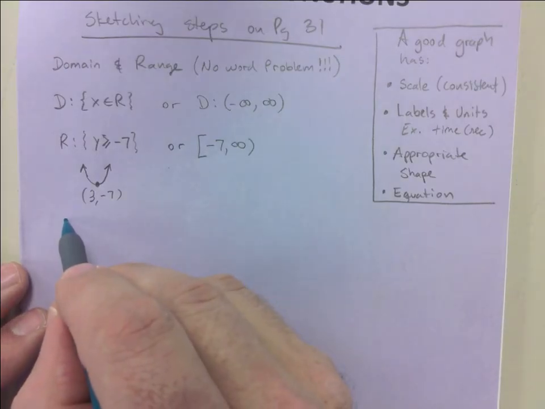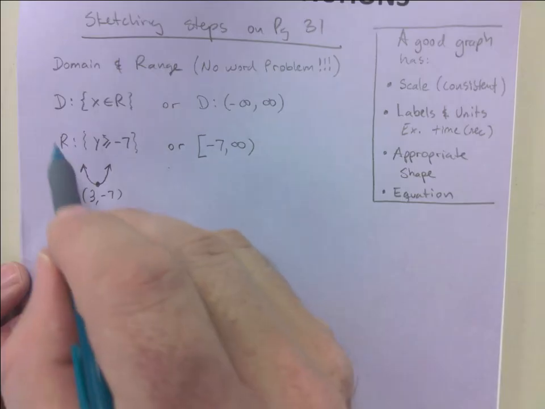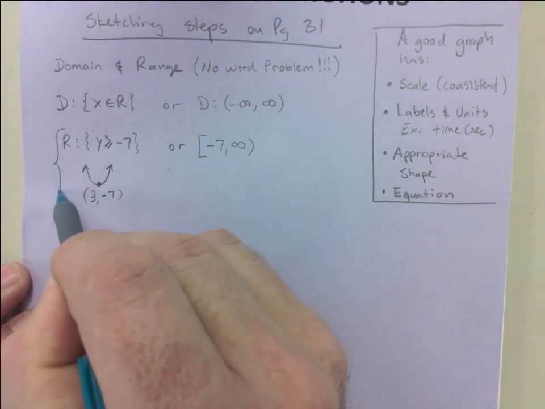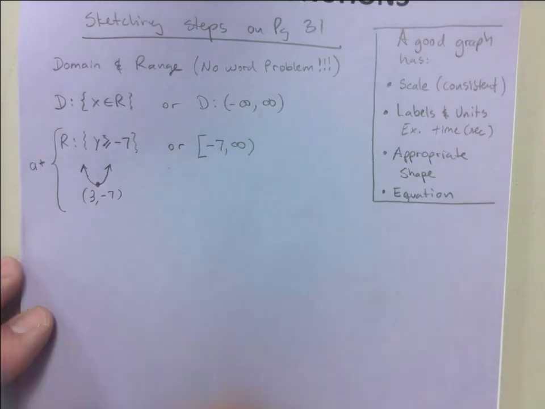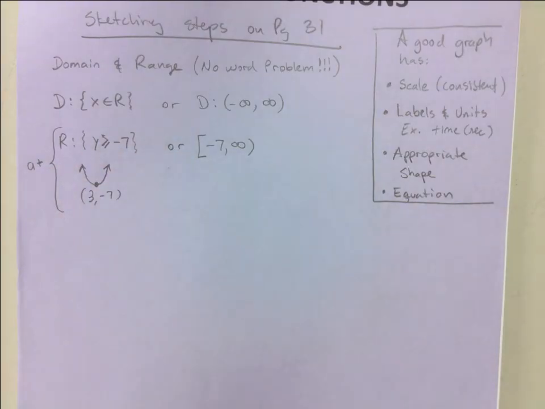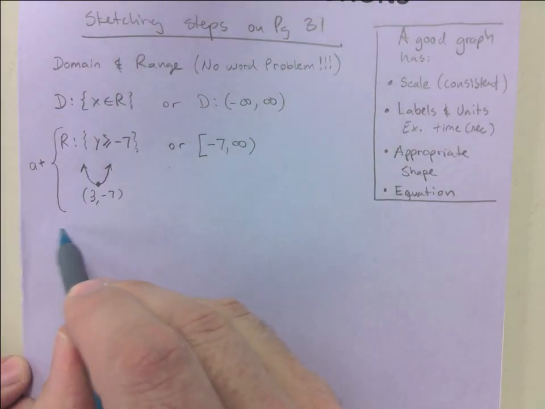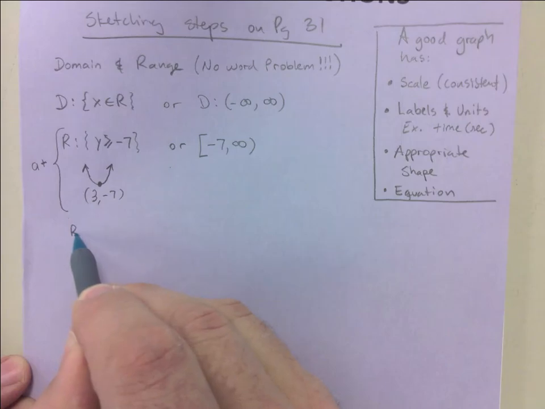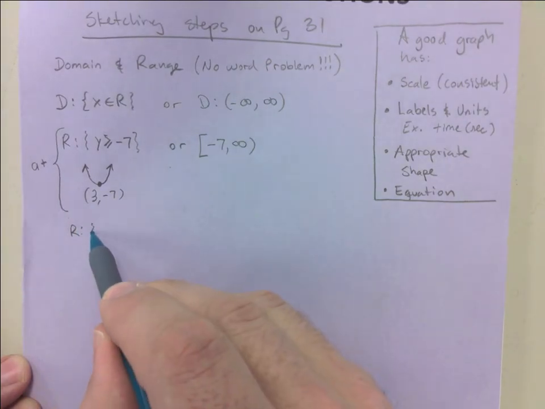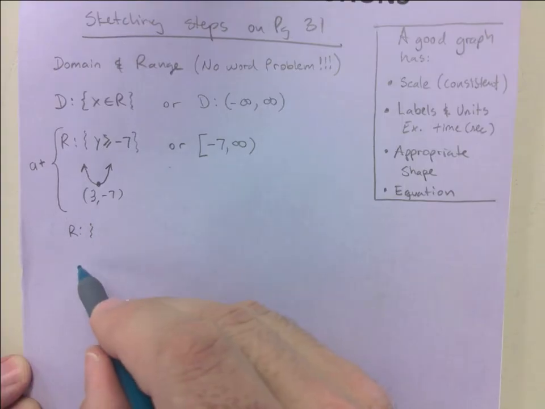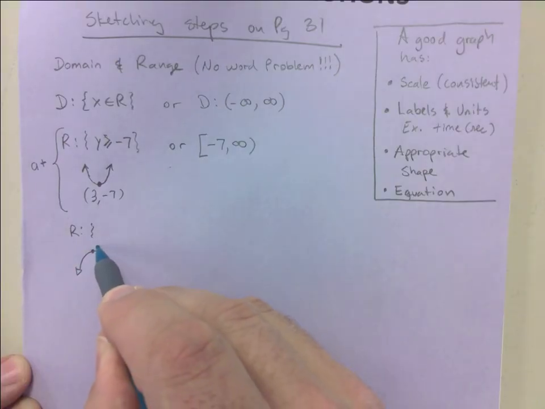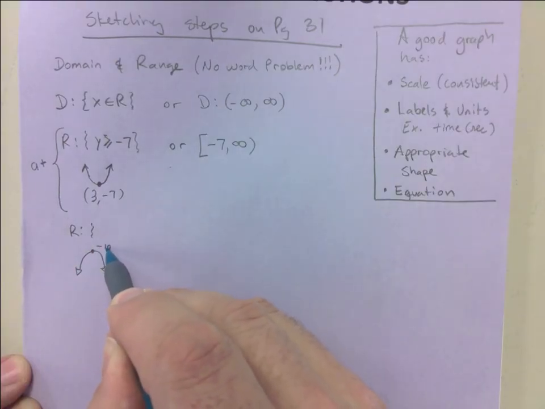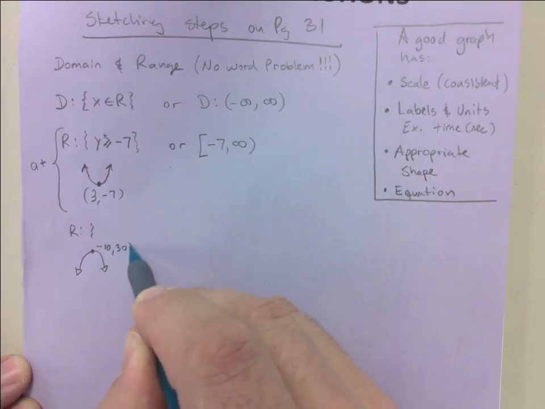And another case here, I will say this. A is positive. That's basically, when A is positive, you're in that camp right there. And then if A is negative, it changes, right? Range. Let's do the squiggly brackets. Let's have a graph right here. And let's go -10, 30, let's say.